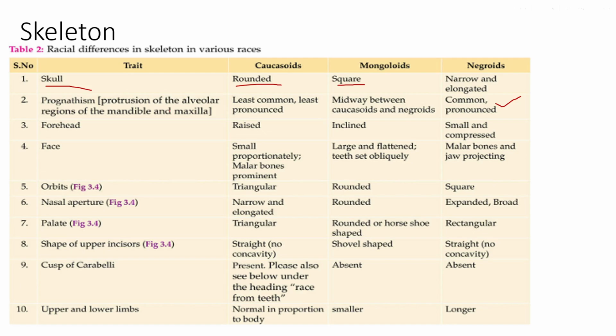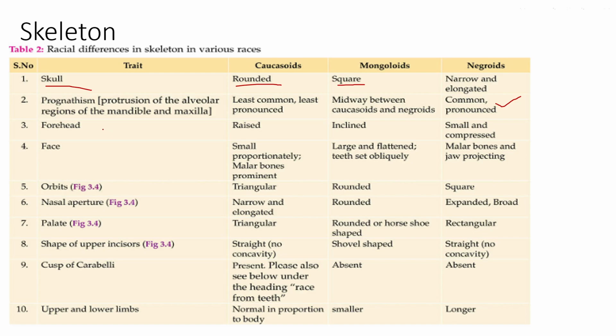All right, what is prognathism? The mandibular and maxillary bones become bigger and they protrude outside of the face. So we call that prognathism. All right, these are mostly common in the Negroids.